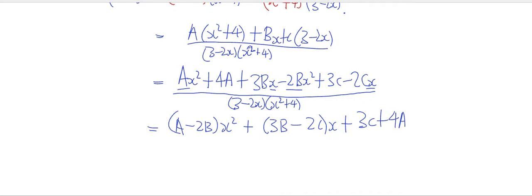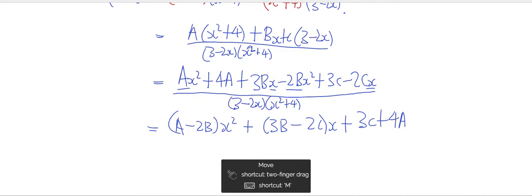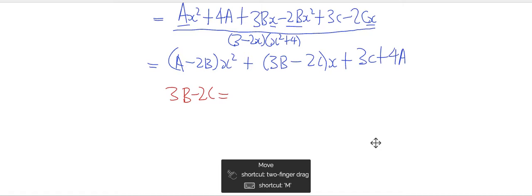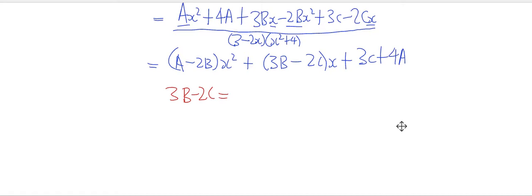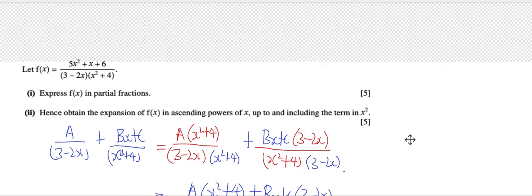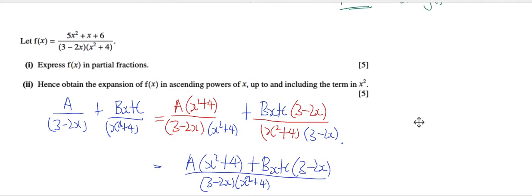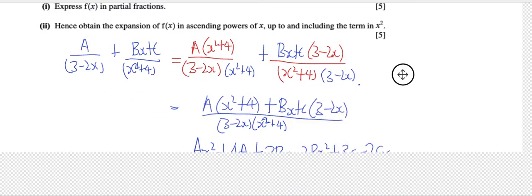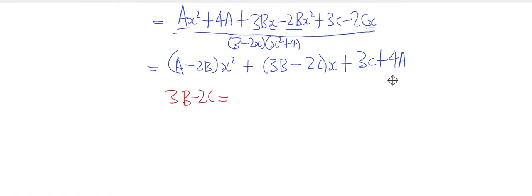Now let's change color. The coefficient of x is 1, so 3B minus 2C equals 1.